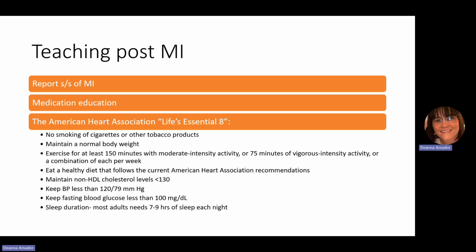So coming back full circle here, we said that if somebody was having a STEMI or an MI, they may go to the cath lab and have some type of PCI done. If that doesn't work, then they may have to go have a CABG.